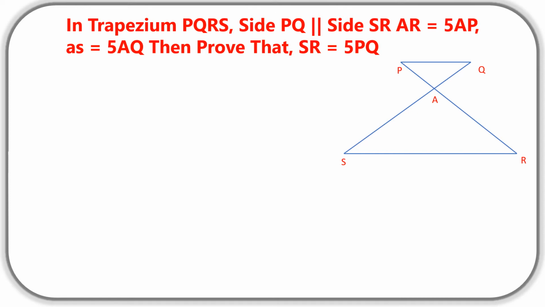AS is equal to 5 times AQ. Here is AS. This is not a small letter, AS. Then prove that SR is equal to 5 times PQ. The trapezium is PQRS. So I have to complete this aspect.